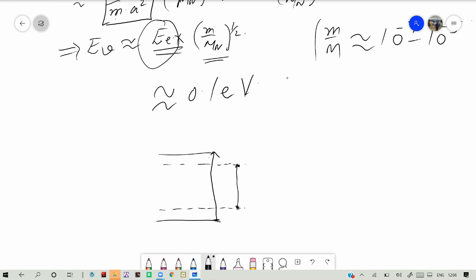When it comes back to the ground state, the energy from electronic transitions is of the order of a few electron volts, but this is of the order of 0.1 electron volts. So the vibrational energy is very small compared to the electronic energy. Okay, this is another point. Now let us see what happens when the molecule rotates.